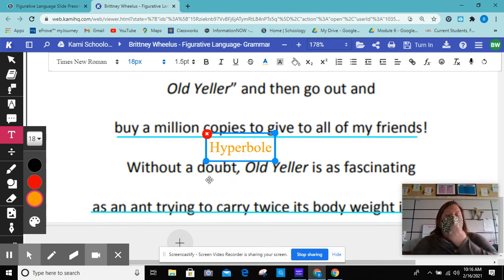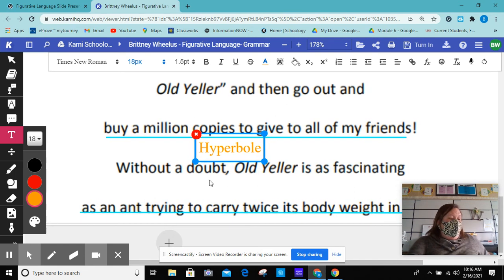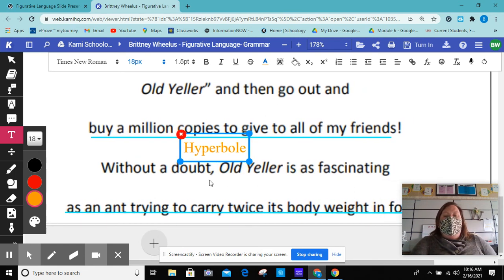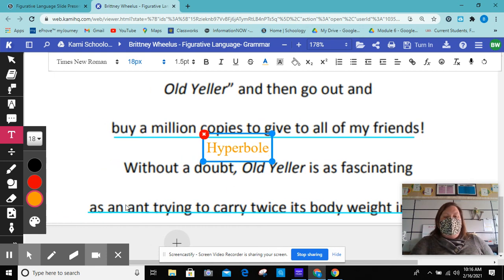All right. And then the last one is: Old Yeller is as fascinating as an ant trying to carry twice its body weight.